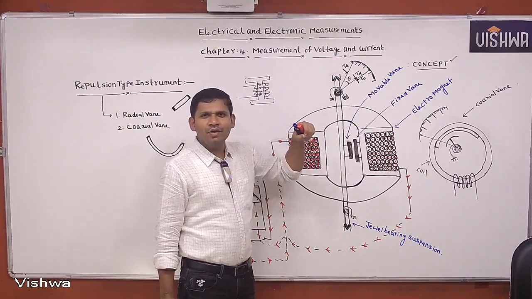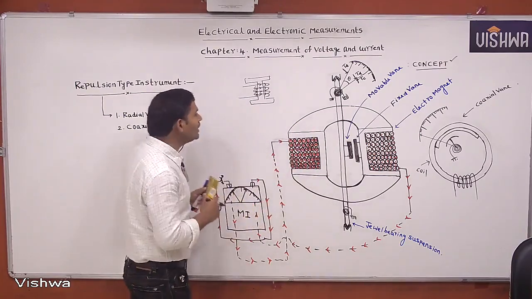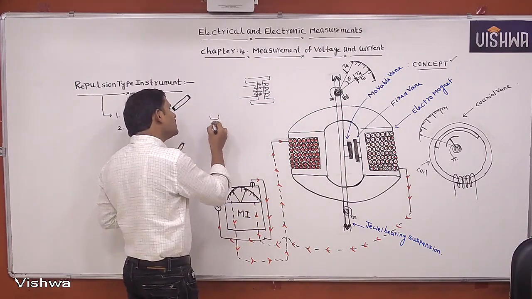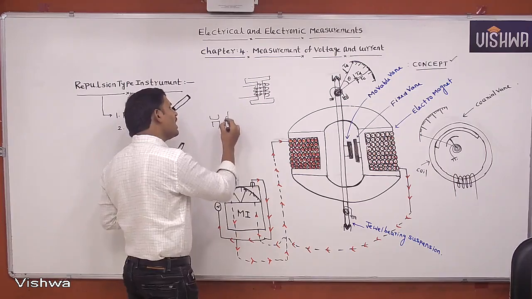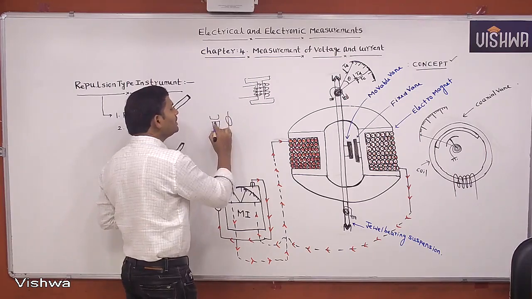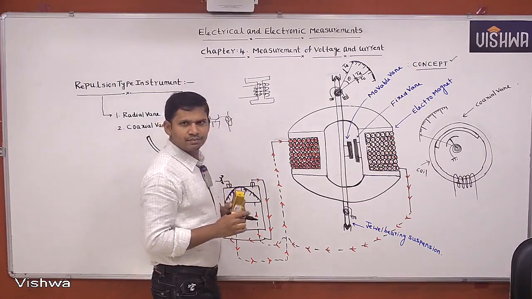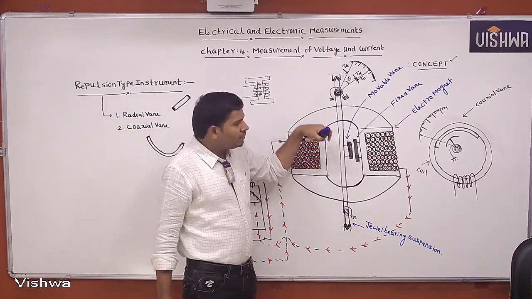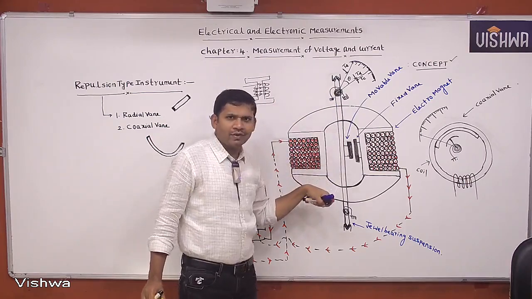In the attraction type instrument, this is the electromagnet and this is the iron piece, which is outside the magnetic field. But in this repulsion type instrument, these are placed within the magnetic field.